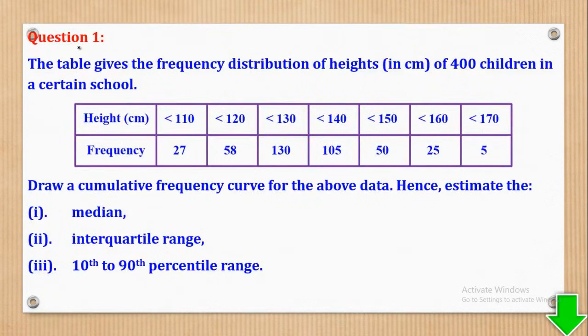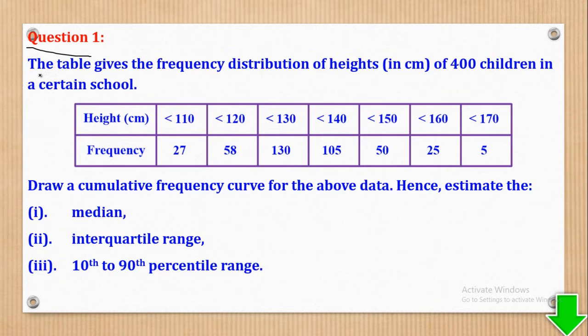Let's go straight to the question, because you already know that for an OGIVE, you draw cumulative frequency against upper class boundaries, and that is all you need to know. The next thing you need to know is that you join the points using a smooth curve, and we have already talked about it in the introduction. So now let's go straight to the questions.